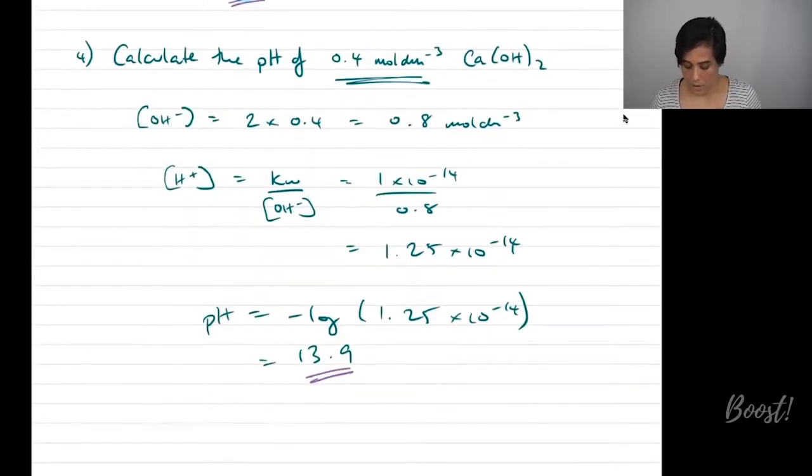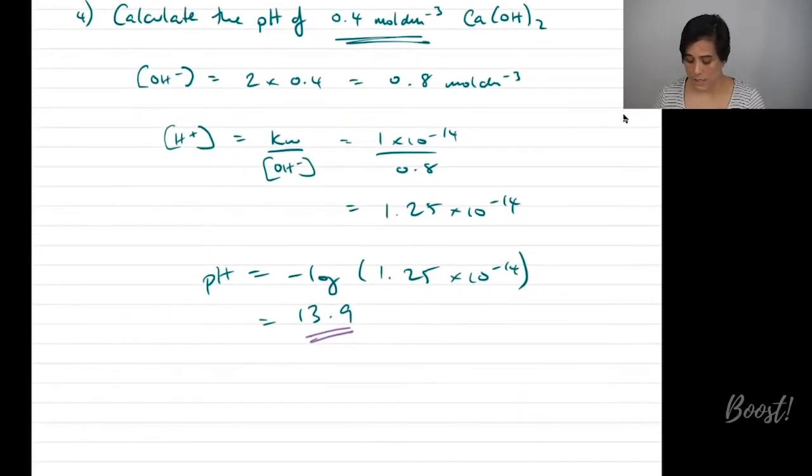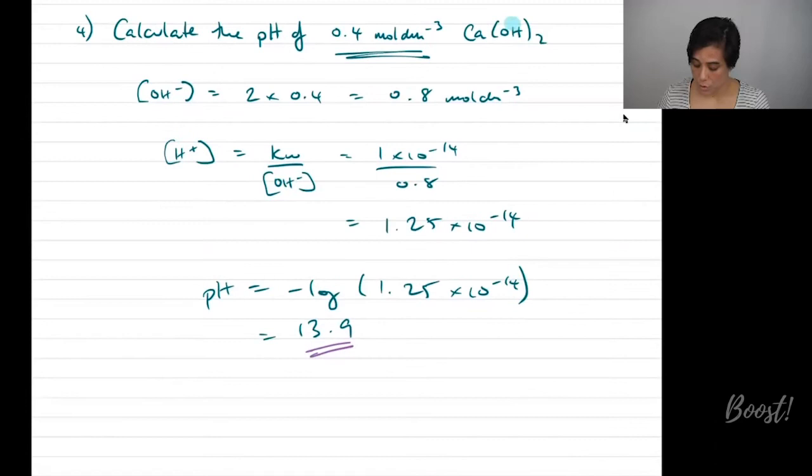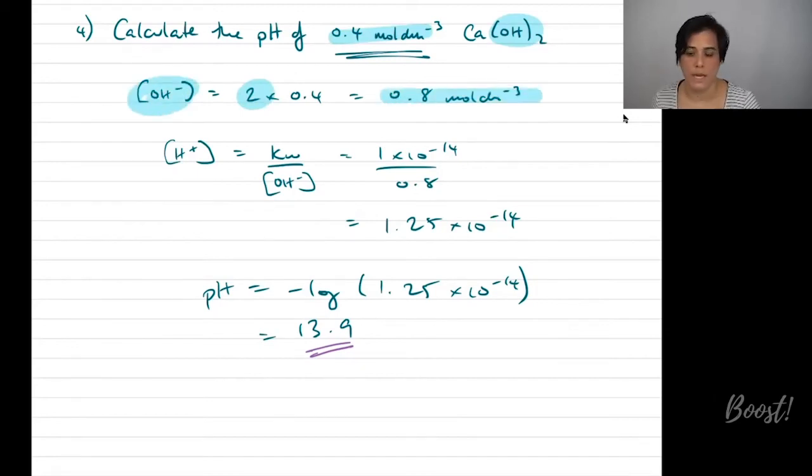With calcium hydroxide, we need to remember that there's 2 hydroxide ions for every calcium. So we need to multiply this by 2 to give us our concentration of OH minus ions, which is 0.8. Then we'll use the ionic product of water to calculate the concentration of H plus ions, which if you put that into the equation gives us 1.25 times 10 to the minus 14.